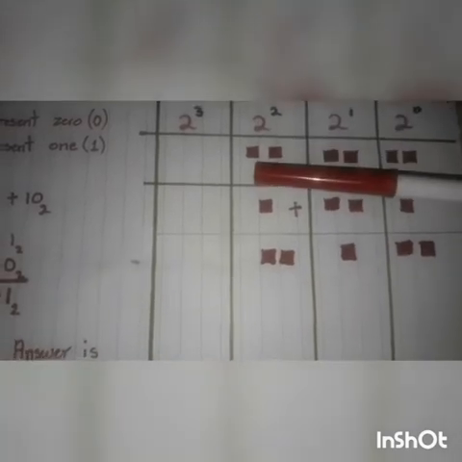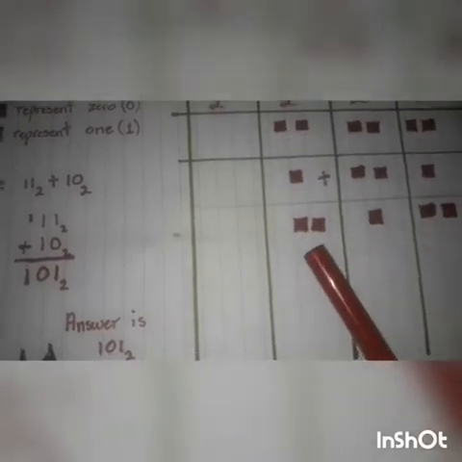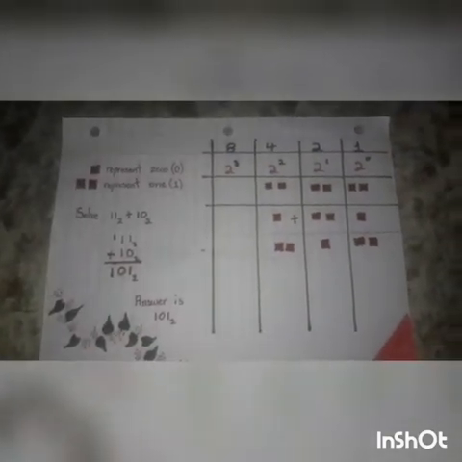Now we're adding 1 plus 1, which is 0, and we're going to carry the 1, which is 2 squares. We use 0 as a placeholder right here. So 1 plus 0 equals 1. So our answer is 101, as stated here. The 2 squares represent 1, and 1 square represents 0. So that is how we add binary using squares.